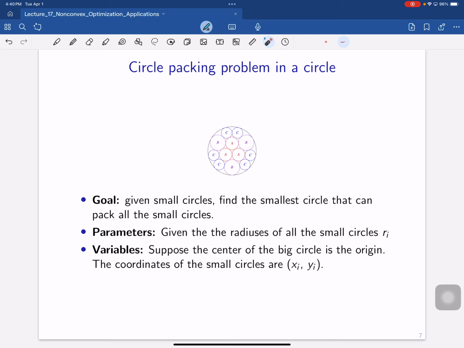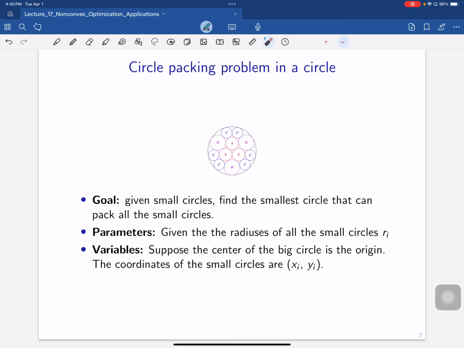Without going into the math, let's think a little about what types of constraints we need. If you want to pack all these small circles into a big circle and minimize the size of the big circle, you can describe the constraints in words.